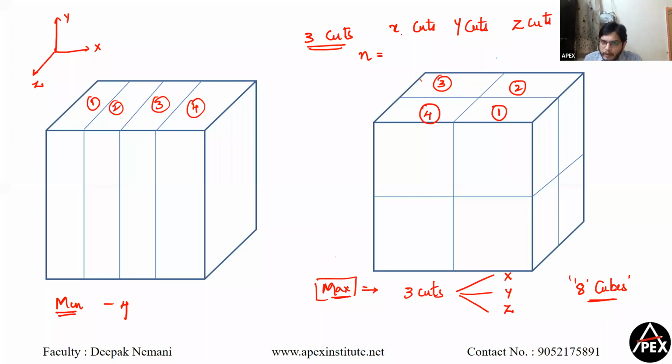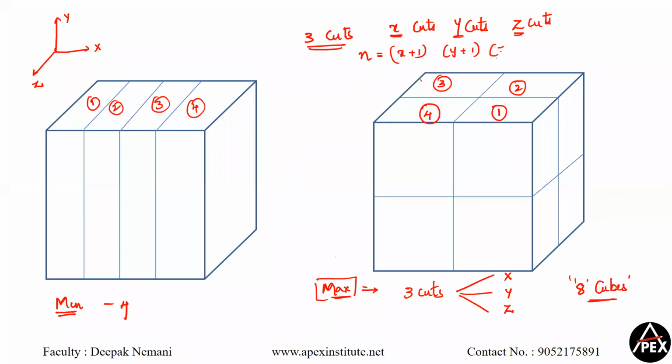If there are X cuts in one direction, Y cuts in another direction, and Z cuts in the third direction, then if X, Y, and Z are equal, you can take a power, a cube. But here X is different, Y is different, Z is different. Isn't it? Yes, perfect. So it will be X plus 1 into Y plus 1 into Z plus 1.